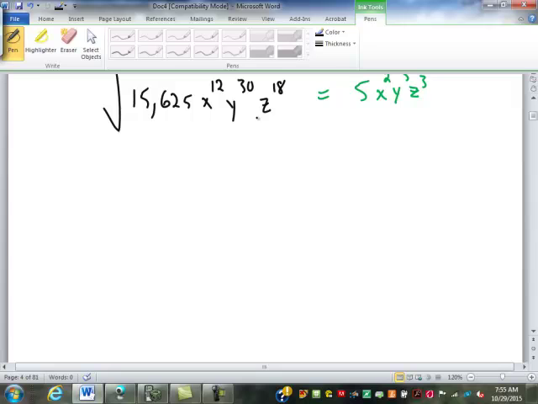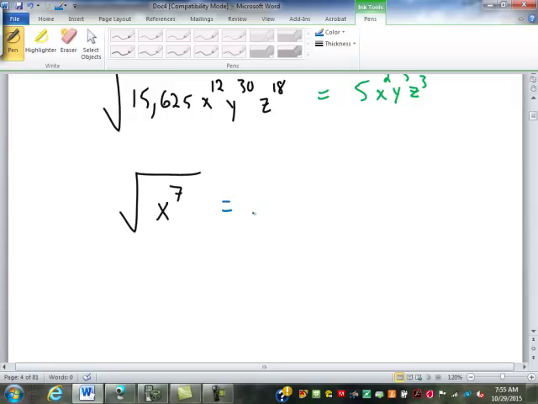I'm going to show you this one, just because, well, I can. How about that one? You can do x to the 3.5. Commonly, it's done like this.